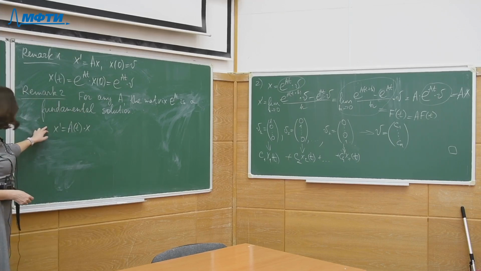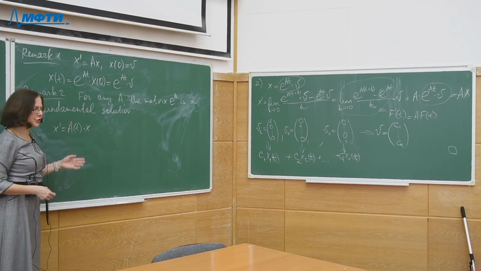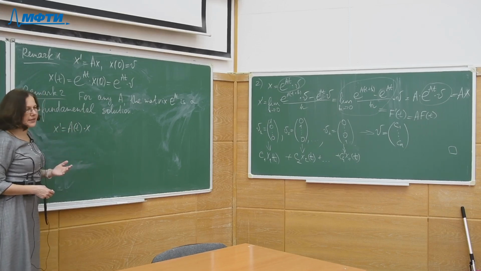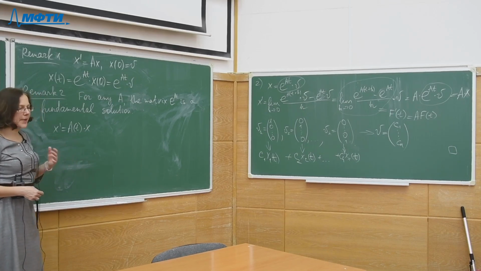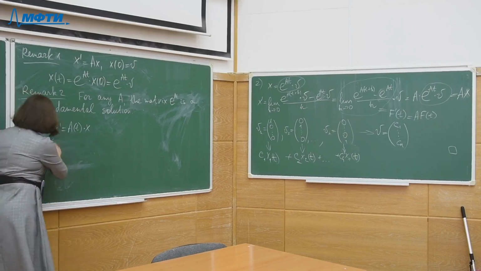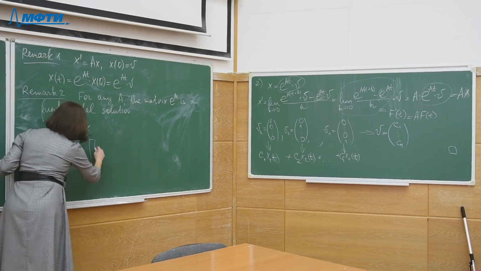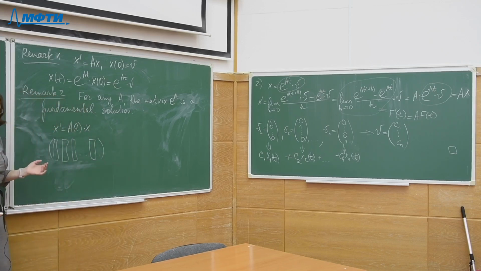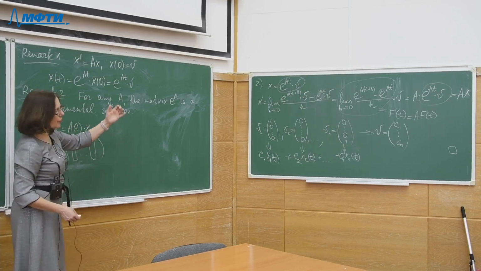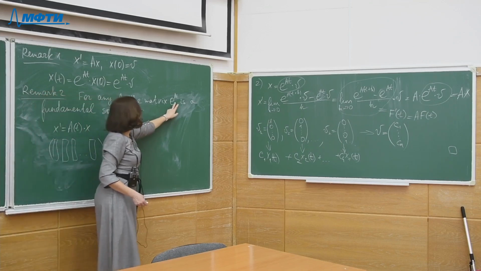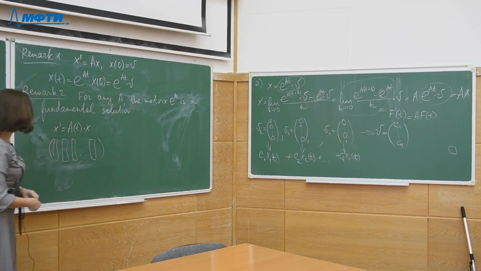So I have proved that the set of all solutions, the general solution, is a vector space of dimension n, and the fundamental solution is a matrix whose columns form a basis in this n-dimensional space of solutions. Right, and so it follows from our proof that this matrix e to the power At is a fundamental matrix. It's a fundamental solution, sorry.